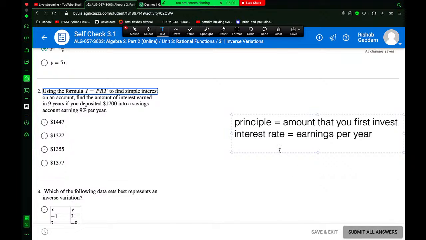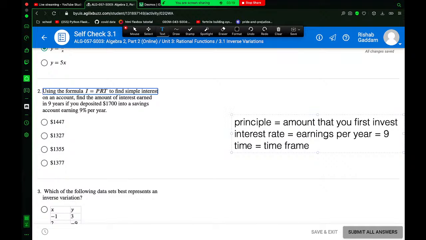So this is the interest rate, and the T is the time. The time is the time frame, and this says 9 years, and the interest rate is 9% for this one.